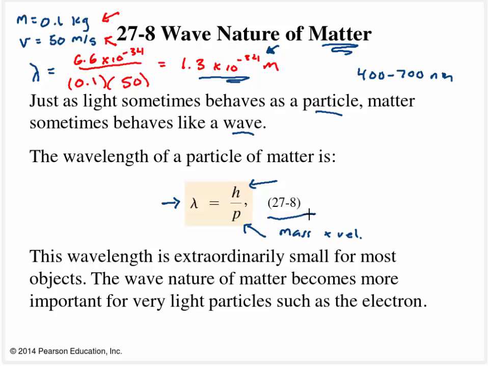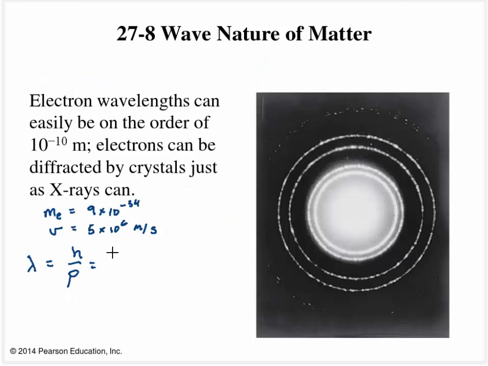However, as the momentum, the mass times the velocity, starts to become smaller and smaller, then this wavelength becomes larger and larger, and we can see the wave-like behavior of very light particles. For example, the electron. So electrons, we know what their mass is, and a typical velocity of an electron might be 5 times 10 to the 6.